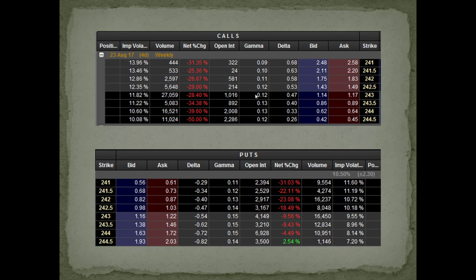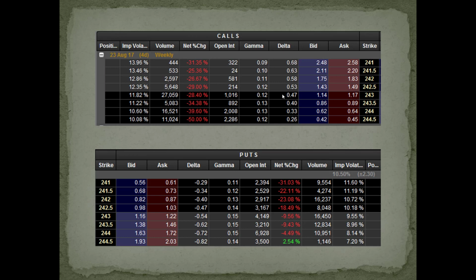And then I also know that on a 10 cent increase on the underlying, if I have my gamma at 0.12, I'm going to get a 0.012 increase for every 10 cents. So if the underlying goes up 10 cents, my delta is going to change from 0.47 to about 0.48.